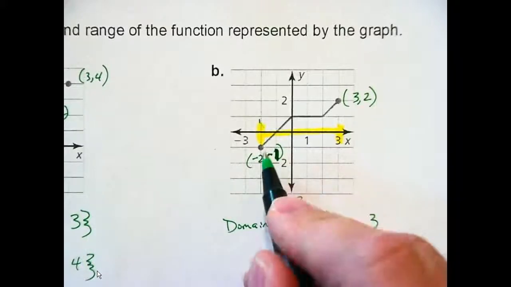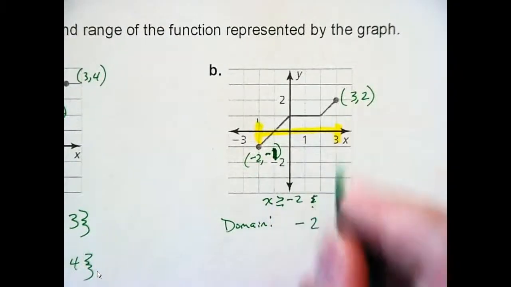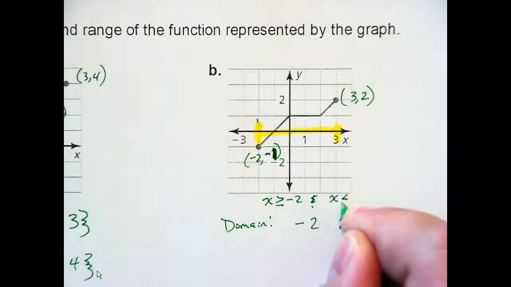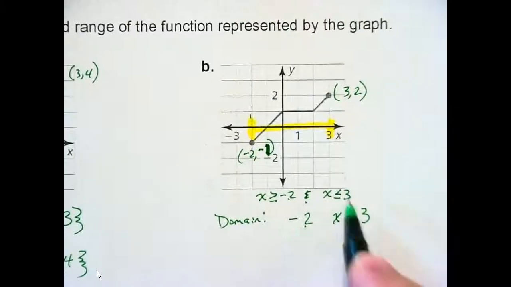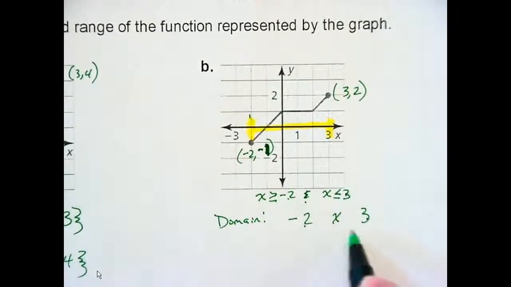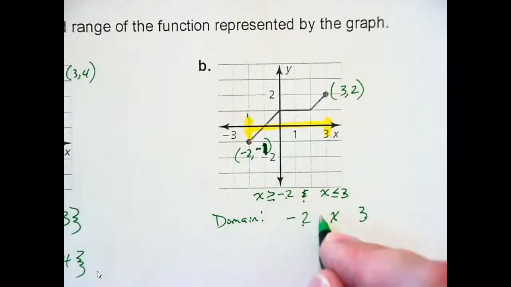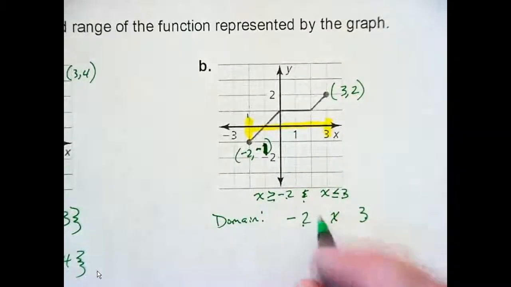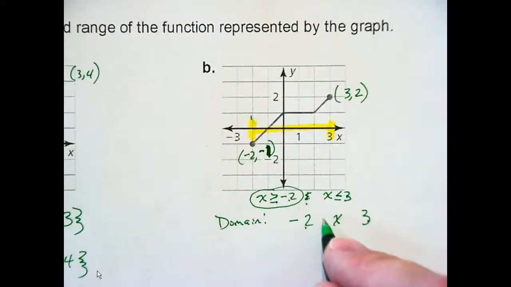Can they be equal to -2? Yeah. And I want all values that are less than or equal to 3. Or if I write that in this form, I put the -2 first, 3 in there. We put it in numeric order, and we put the inequality symbols. This one points to the left.